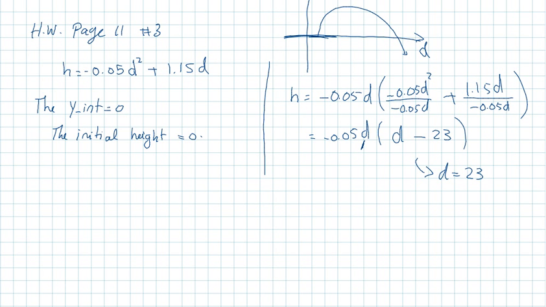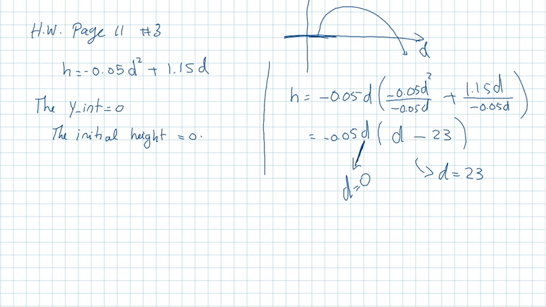This is also a 0. You have a letter there. It's D, and D is equal to 0. We've already determined that the initial height is 0. And in this case, it's not only your y-intercept, it's also your zero, your x-intercept.